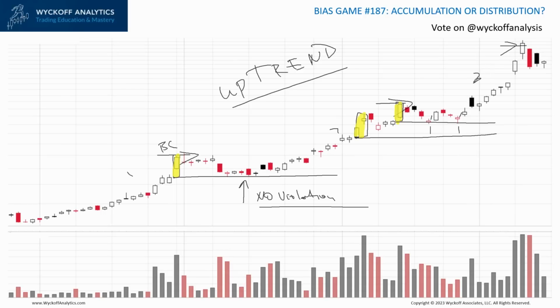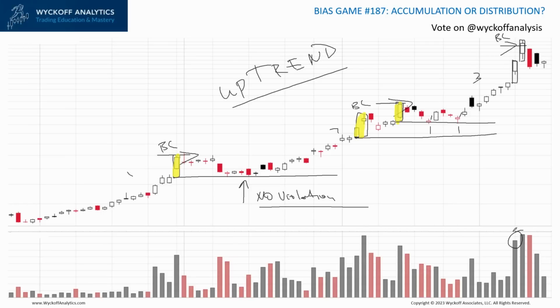So now let's go to rally number 3 and let's look how it ends. First of all, we should notice that there is most definitely a slightly different climactic run into the buying climax at point number 3. It looks more climactic. It looks more exhaustive, right?